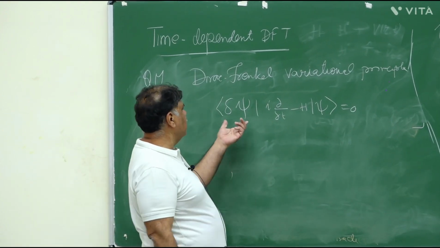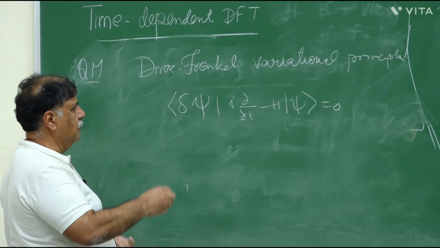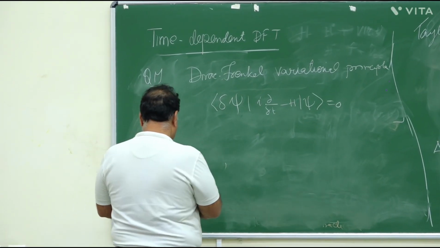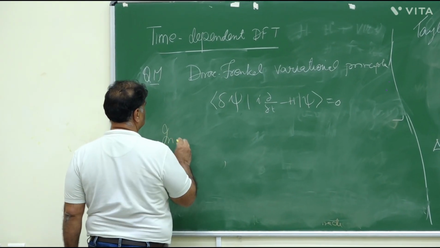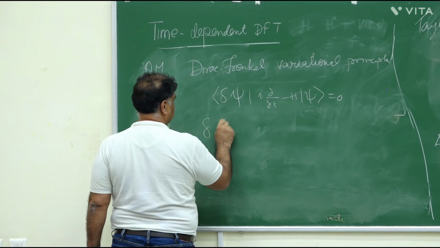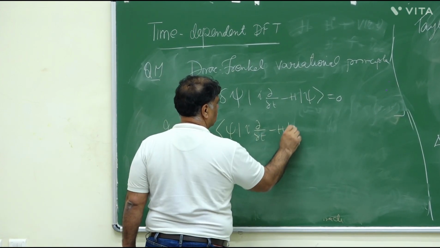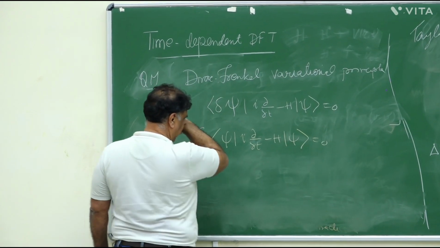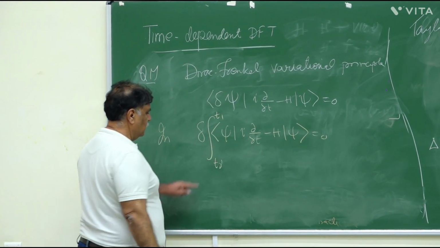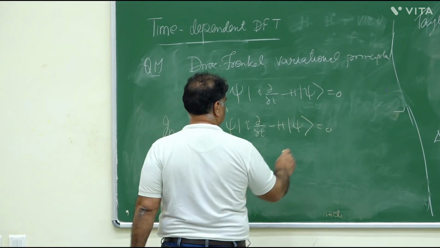Notice that in this case, delta is only on psi. It is not like delta of something is a variation. However, now what we are going to say in TDDFT, this is how it is proved. Later, some papers came where this was emphasized. The delta of psi, i d/dt minus H, psi, and this integration is defined from t0 to t1. t0 is the initial time and t1 is the upper limit. That's the variational principle. This is the action.